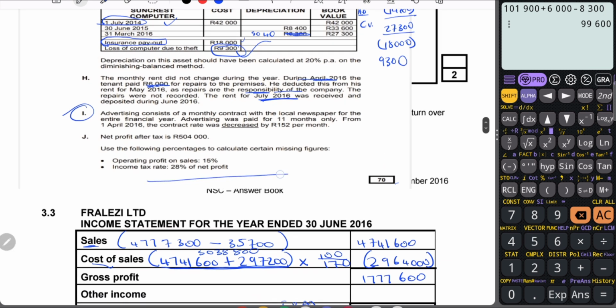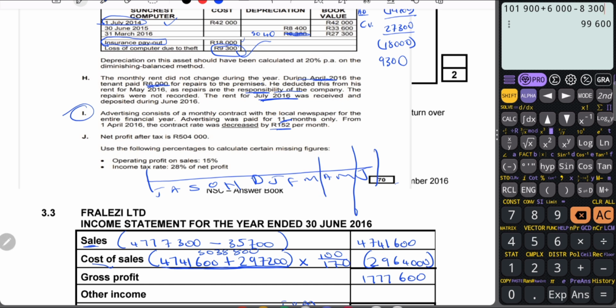Our financial year starts in July, August, September, October, November, December, January, February, March, April, May, June, the end of our financial year. But here, guys, they are saying it was paid for only 11 months. Then we need to cut it here. Remember, they are saying it was decreased by 152 per month from 1 April. Let's go to 1 April. We cut it there.